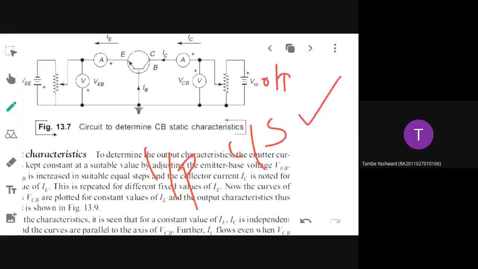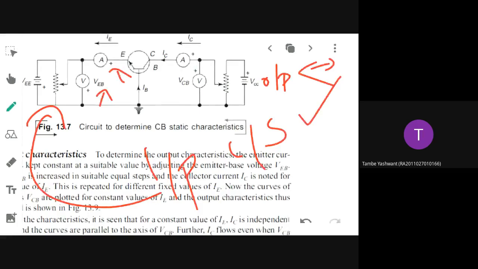I should not vary them. I will draw the curve by varying the input side voltage and current, that is VEB and IE, and that curve will be called my input characteristic curve.